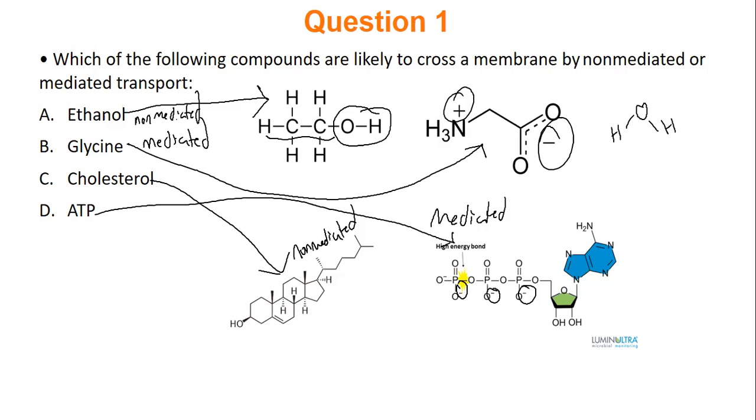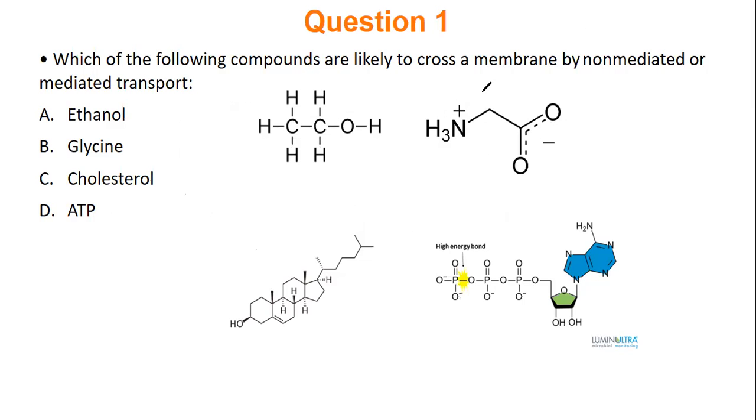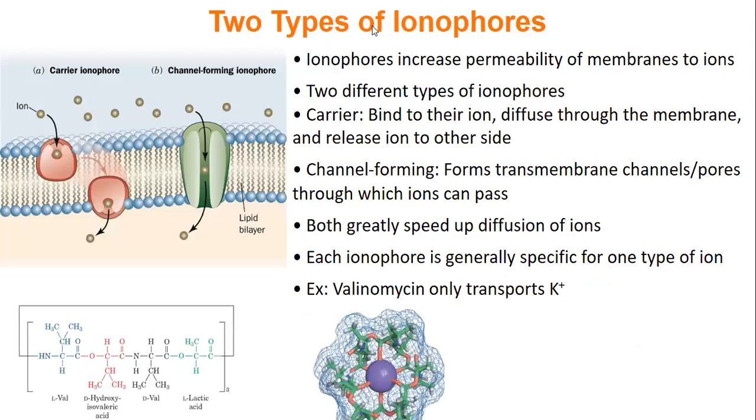So remember the reason why this is, right? If we go back to our previous slide, if I want to go through this membrane, I have to go through this whole nonpolar region before I can go to the other side. Polar things don't like going through nonpolar areas.